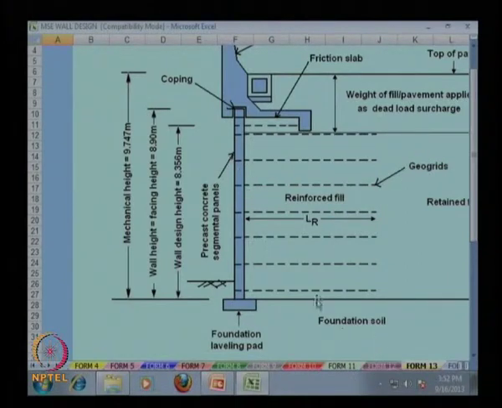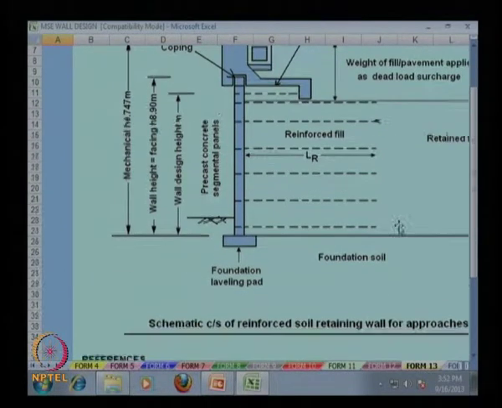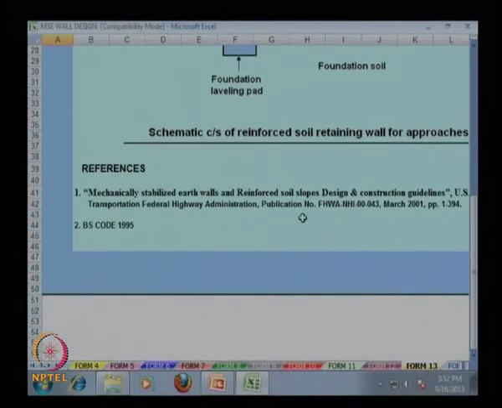So, I talk about all these parameters here, and then we use the mechanically stabilized earth wall and reinforced soil slope guidelines for reinforced soil. This is US transport FHWA, and apart from that we have also used the BS code 1995 for reinforced soil wall that we have shown.